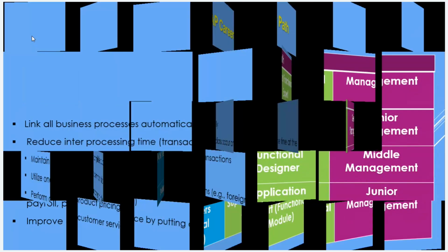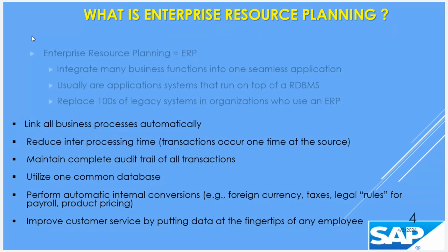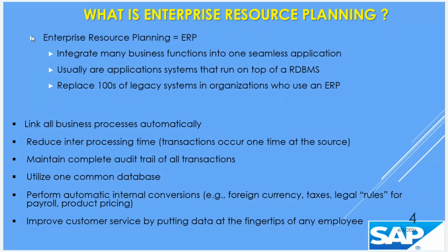Now next, what we are going to learn is, what is enterprise resource planning? Enterprise resource planning is one seamless application, usually an application system that runs on top of the RDBMS, replacing hundreds of legacy systems in organizations that use an ERP.